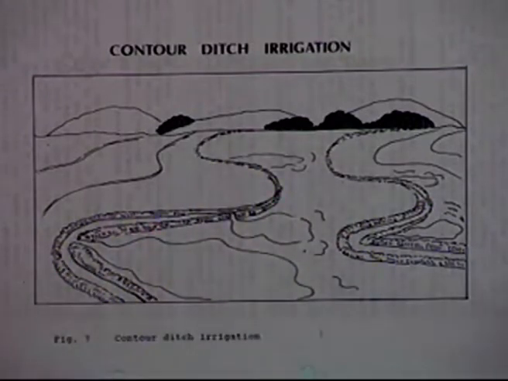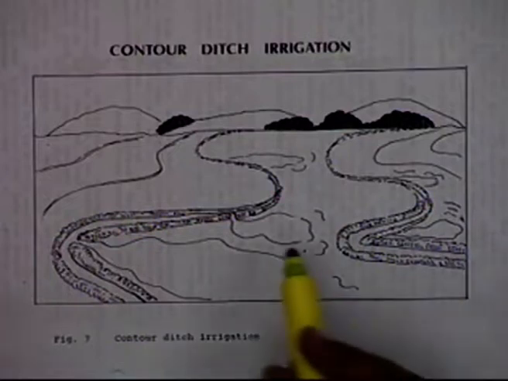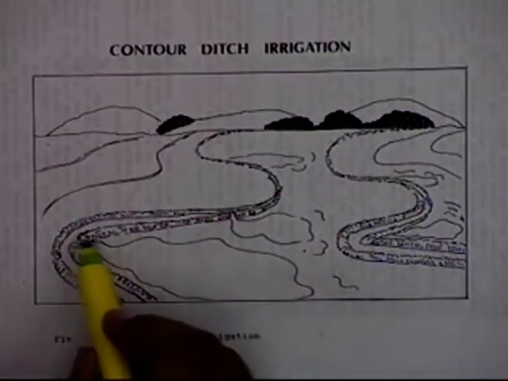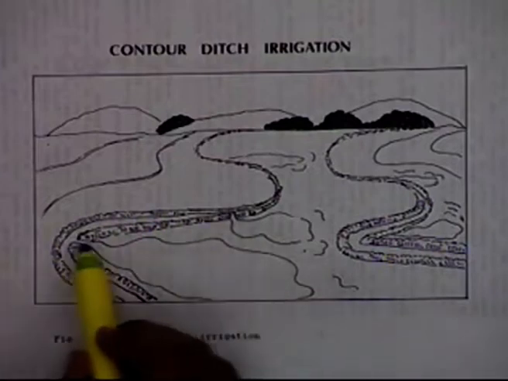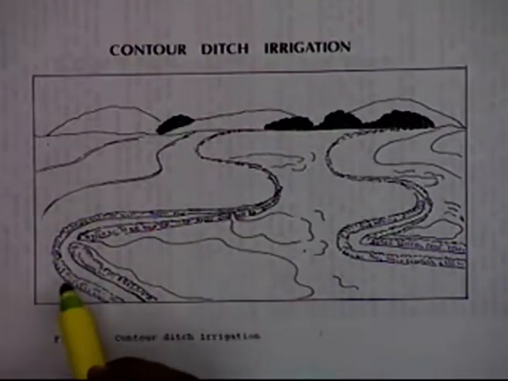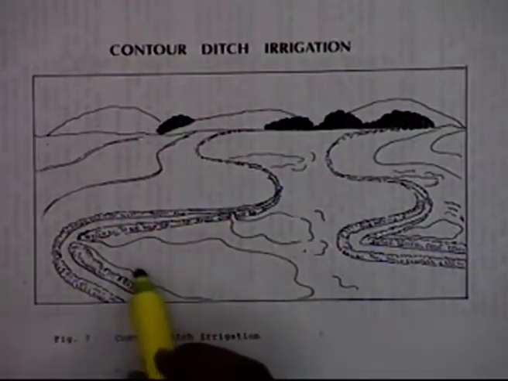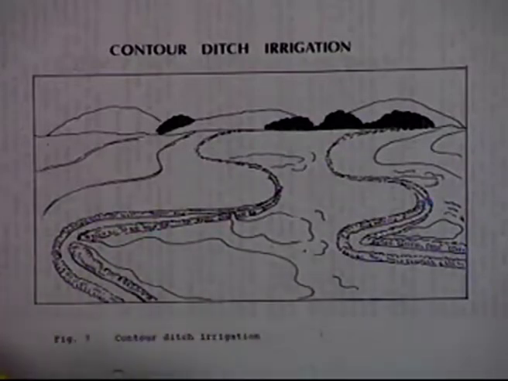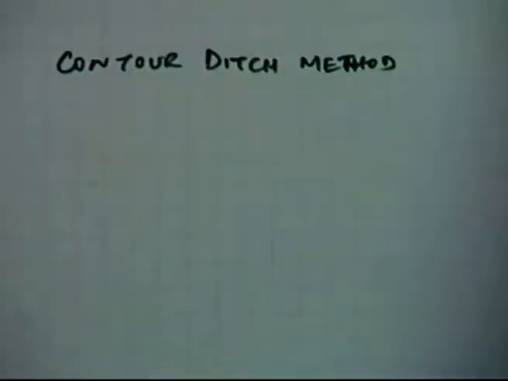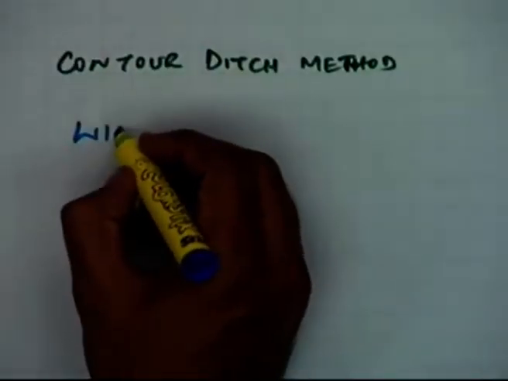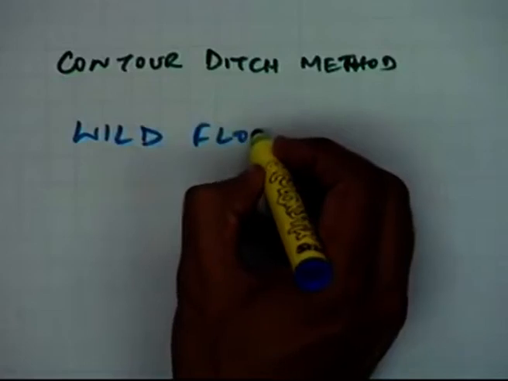These ditches are laid on the contours, and then while irrigating the area, you make openings in the ditches and let the area be flooded. So this is basically a method of wild flooding.